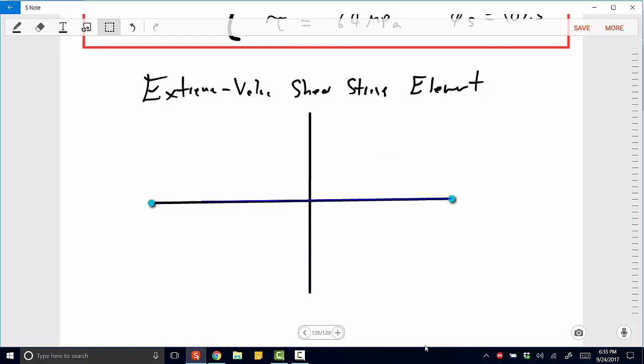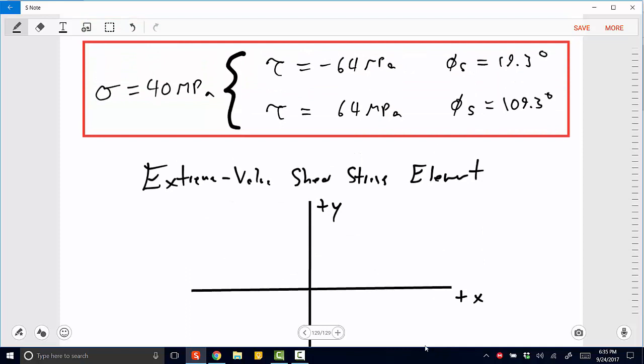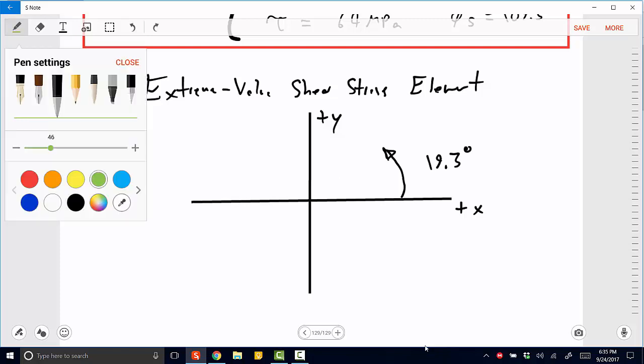Shorten it a little bit. With positive x here and positive y here, right? And then let's start with one of these angles. So let's start with the first one we have here, phi s equaling 19.3 degrees. Well, let's act from our positive x, and let's move up by 19.3 degrees. And we can draw a line. Let's go ahead and switch the color here.